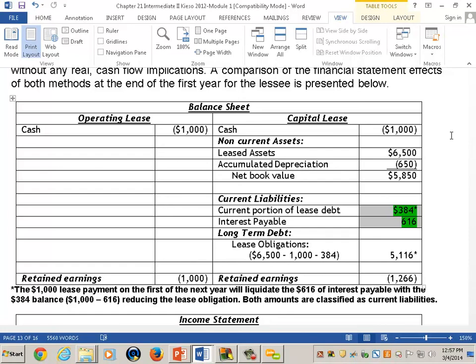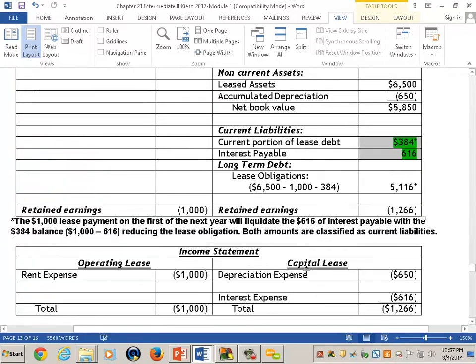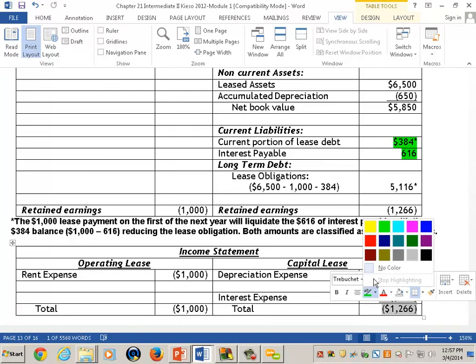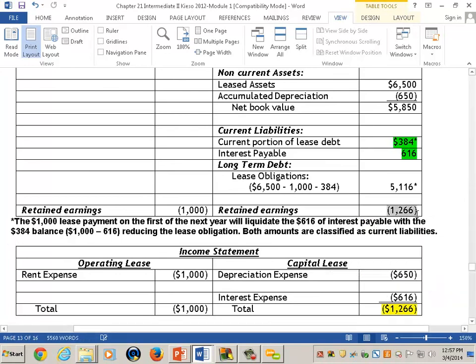Okay, and of course, if you look at the retained earnings, this all comes from the income statement. So the income statement is here, right? So we close out the income statement to retained earnings. So the 1266 goes from the income statement to the balance sheet, and the same thing's true here with the operating lease.